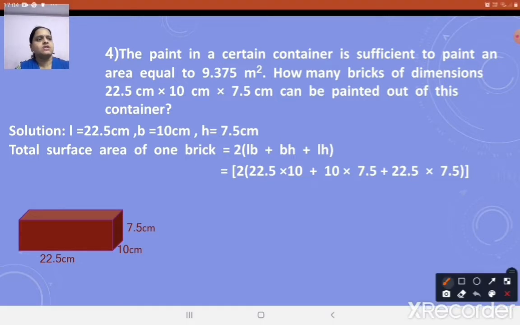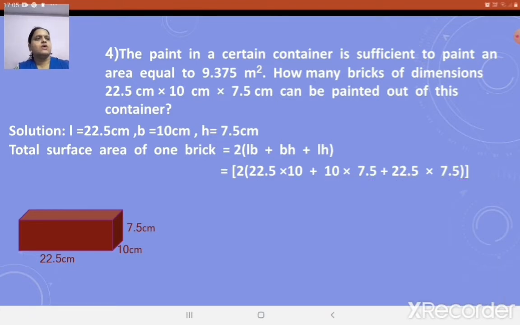So it will become 2 in the bracket 22.5 into 10 plus 10 into 7.5 plus 22.5 into 7.5. As per the BODMAS rule, what we will do? We will first do the multiplication. So we will multiply 22.5 into 10, then 10 into 7.5 and then 22.5 into 7.5. So 22.5 into 10 is 225.0. So it is 225. Similarly, this one will become 75, and just multiply and find the third answer.